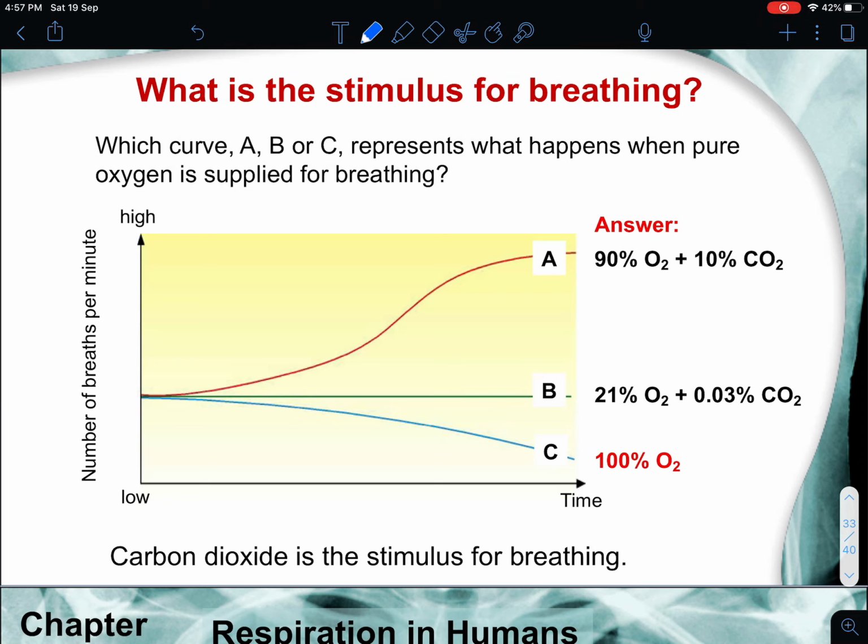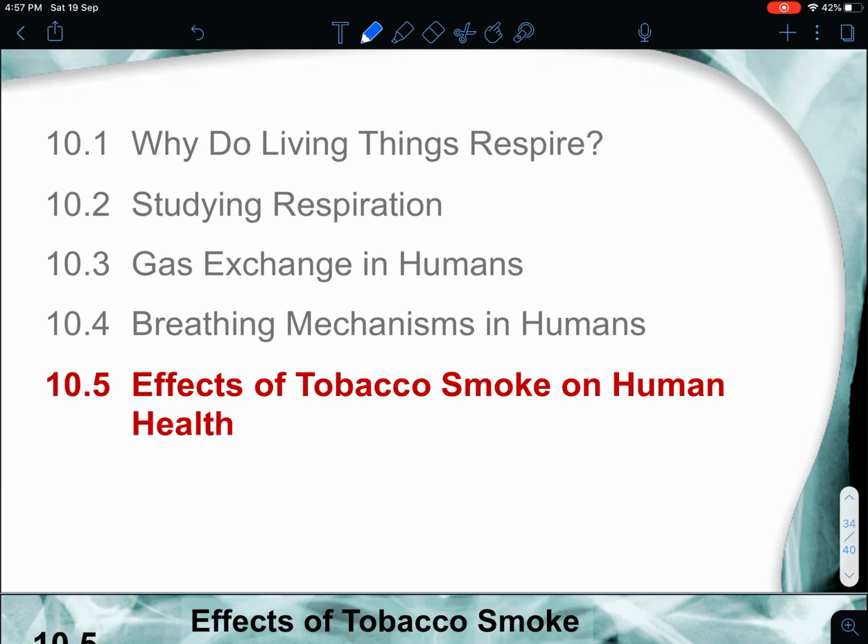So what happens is that for the human body, when you are injecting carbon dioxide gas into the person's body, you are forcing the body to actually take in even more oxygen. So your body will want to breathe out first, then slowly clear the lungs, and then take in air again. So carbon dioxide is generally the stimulus for breathing rather than oxygen. Okay.